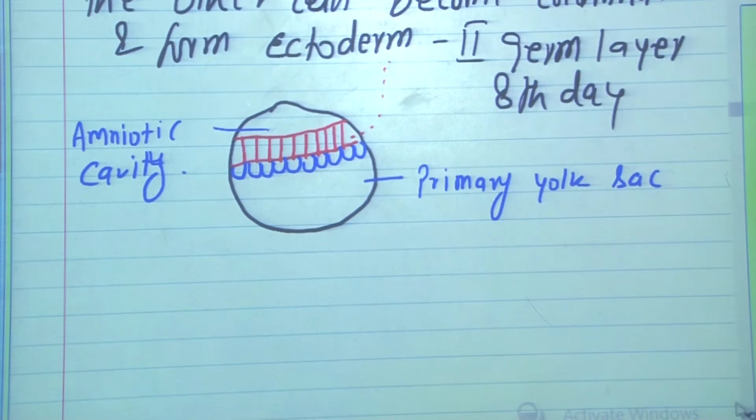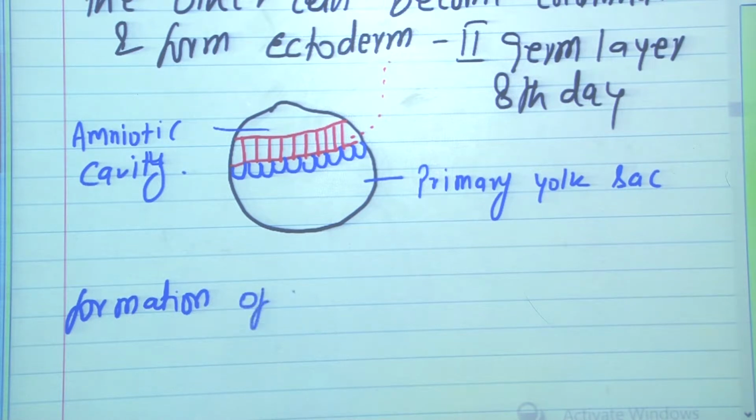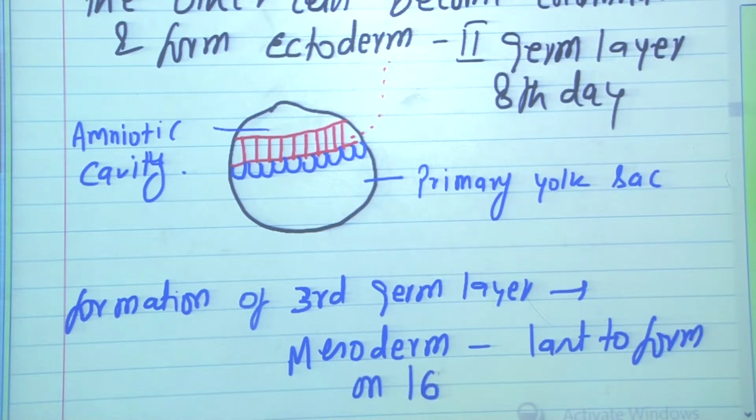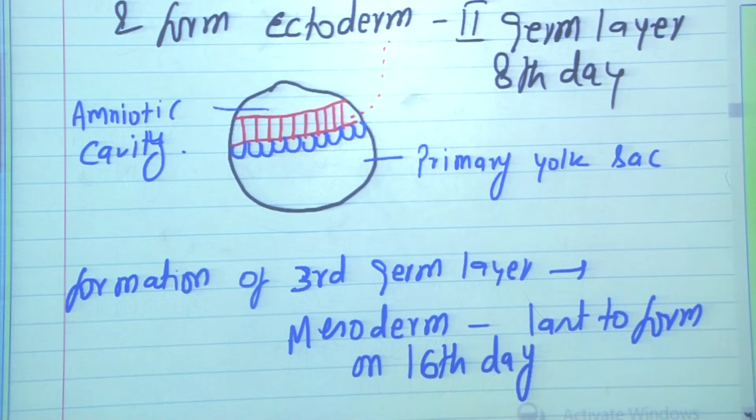Now see formation of the third germ layer. The third germ layer is the mesoderm. This mesoderm is last to form, on the 16th day after fertilization.